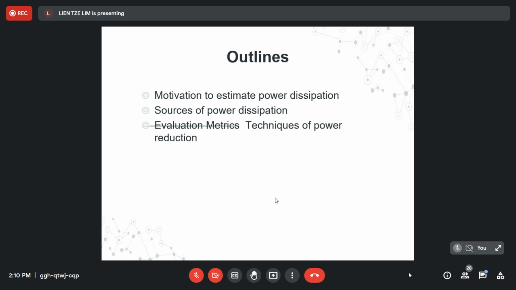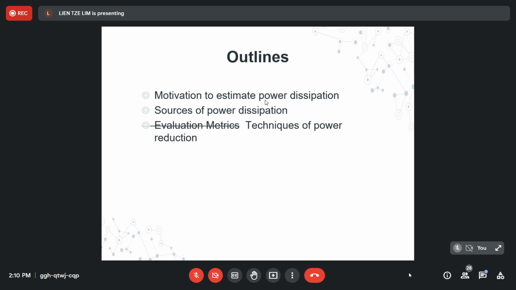Okay, this is the outline. The motivations to determine the power dissipation. Since power dissipation is one of the main factors to the performance of the CMOS circuit, it is quite important for the designer to estimate and to determine the power dissipation. The power dissipations, of course, must be low.